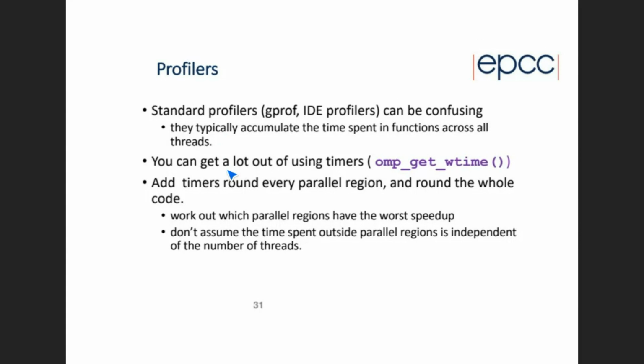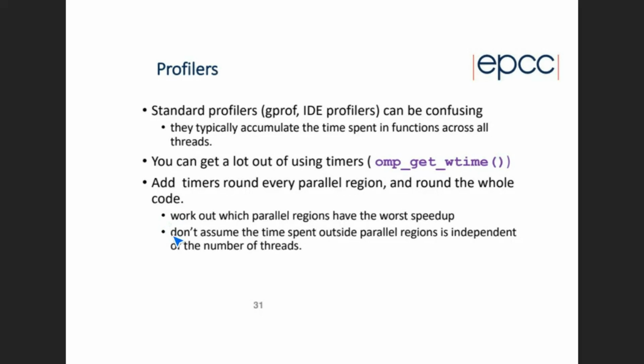You can get a lot of useful information by using timers. One thing you can do is add timing calls around every parallel region, and also around the whole code, or at least the main part of the computation that you're interested in. That at least allows you to do the localization. You can then compute speed up for every individual parallel region, so you can find out which ones have the bad speed up.